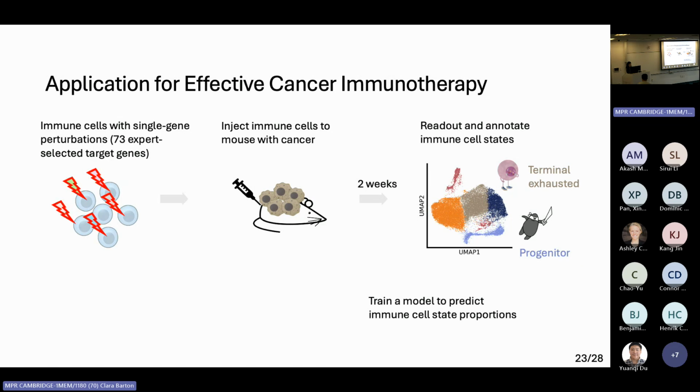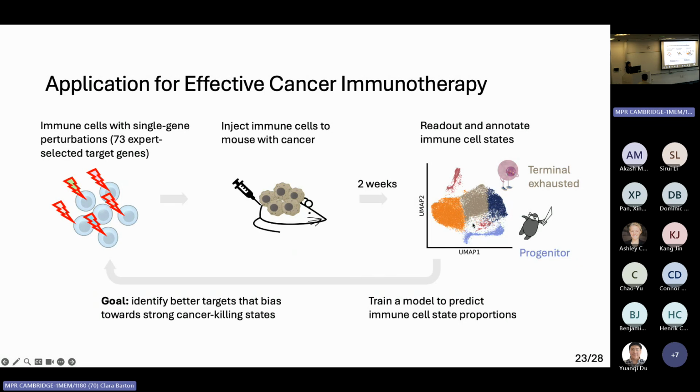What we actually wanted is a model that can predict the cell state proportions for the ones that we haven't tested in the 73. We want to see if we can use this model to identify better targets that bias the proportion towards progenitor.